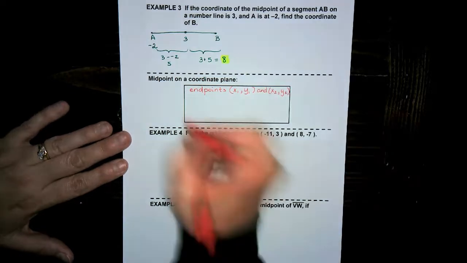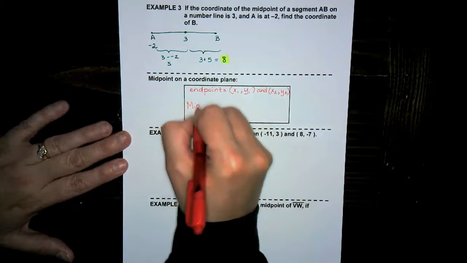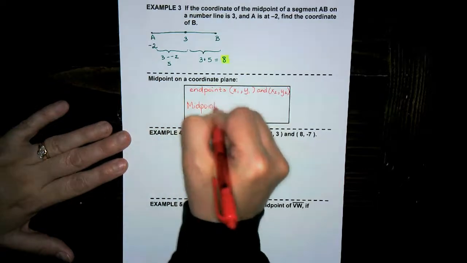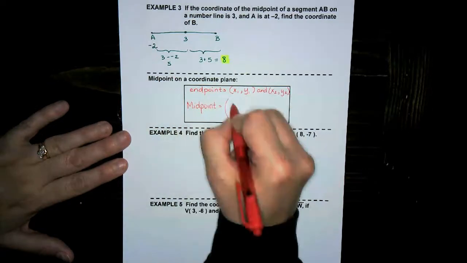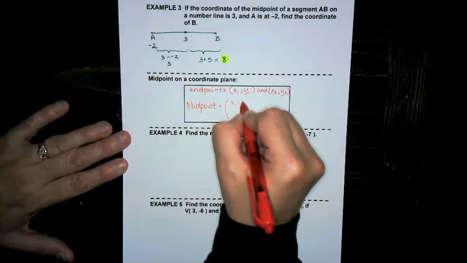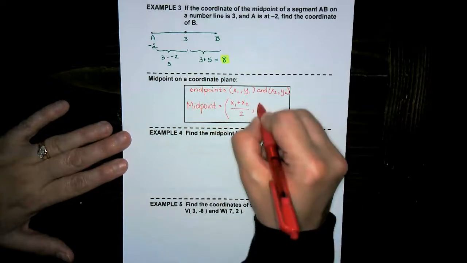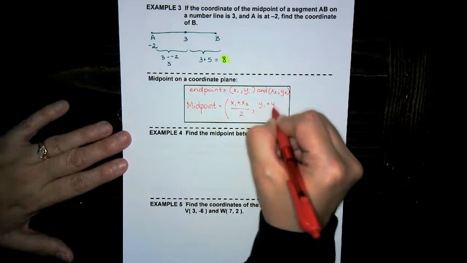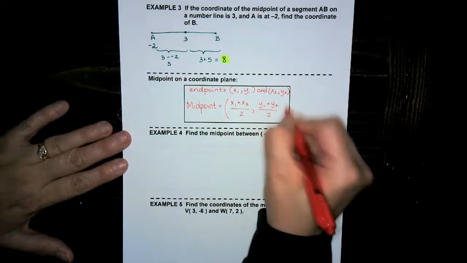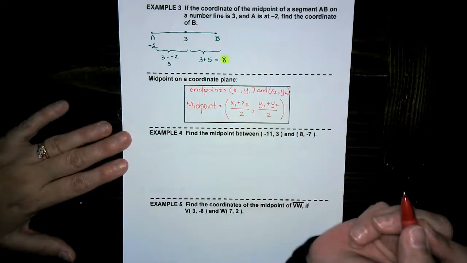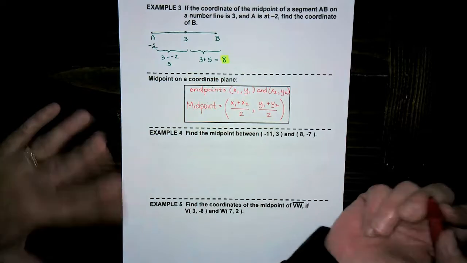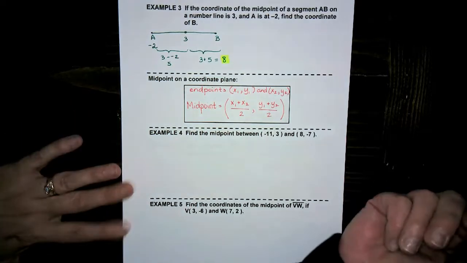Then in order to find our midpoint, we are just going to do the average of those two. Let me show you what I mean. We'll take the x's and add them together and divide by 2. We'll take the y's and add them together and divide by 2 as well. So we're using the same idea. We just have to do it multiple times because of having x and y coordinates this time.